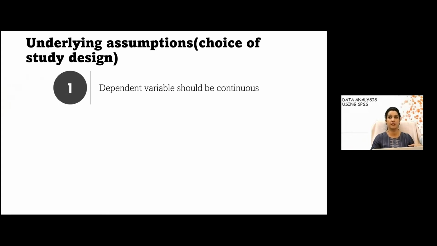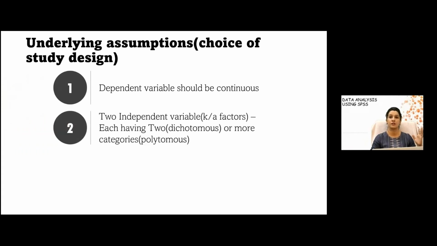The first one is again that the dependent variable should be continuous, and then the independent variables, which are known as the factors here, should have 2 or more categories. If it has 2 categories, we call it dichotomous. If it has more than 2 categories, we call it polytomous.